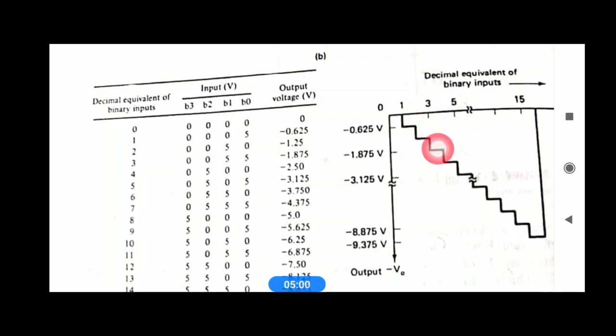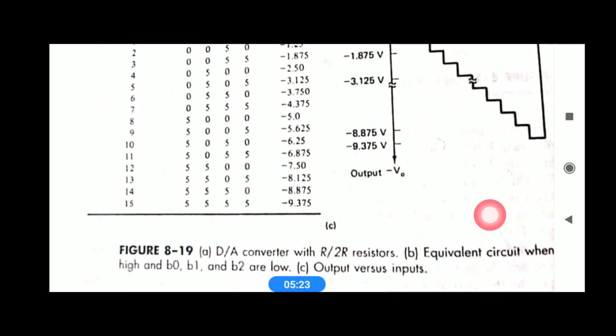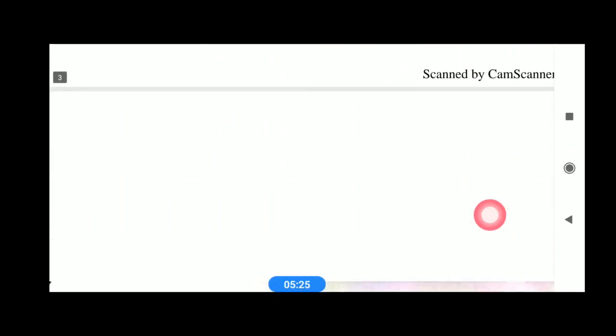Similarly for 3 you can see minus 1.875. Similarly for 15, when you keep all the inputs high, the output you will get is minus 9.375. These are the analog outputs you are getting in the form of steps, right?